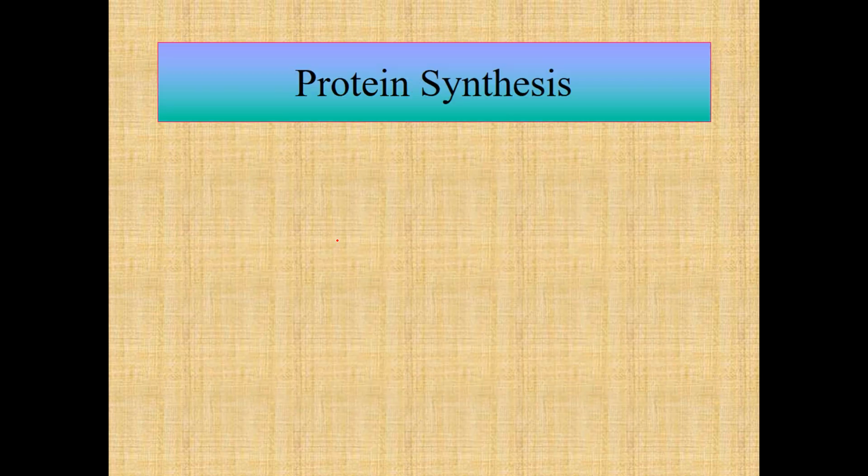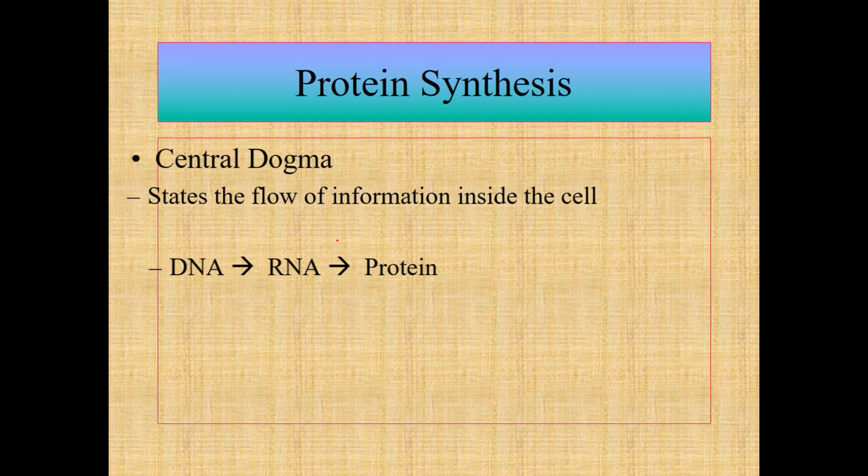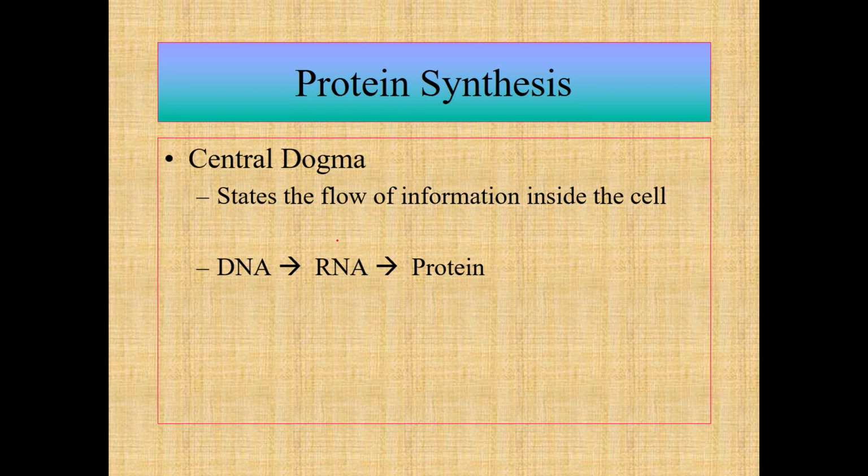All right, protein synthesis. There is the central dogma, and that central dogma states the flow of information inside the cell. What I want you to know is it is a 2-step process. First, we have DNA that will go through a process called transcription. So here's this DNA molecule.